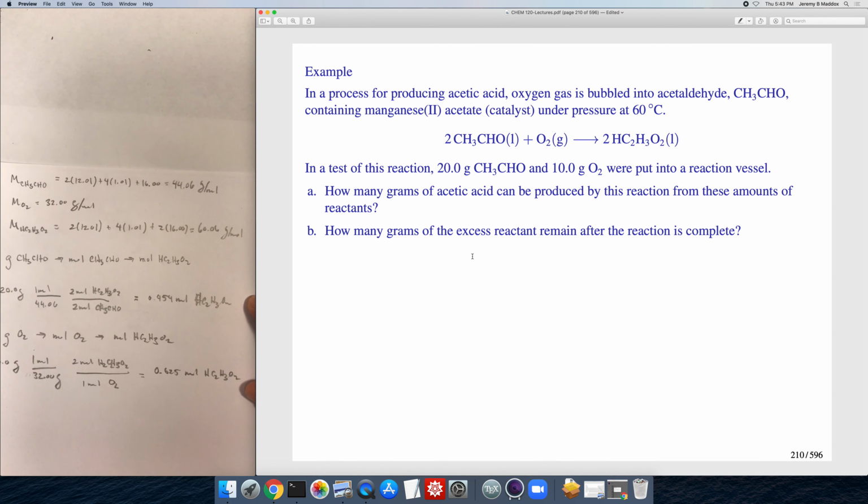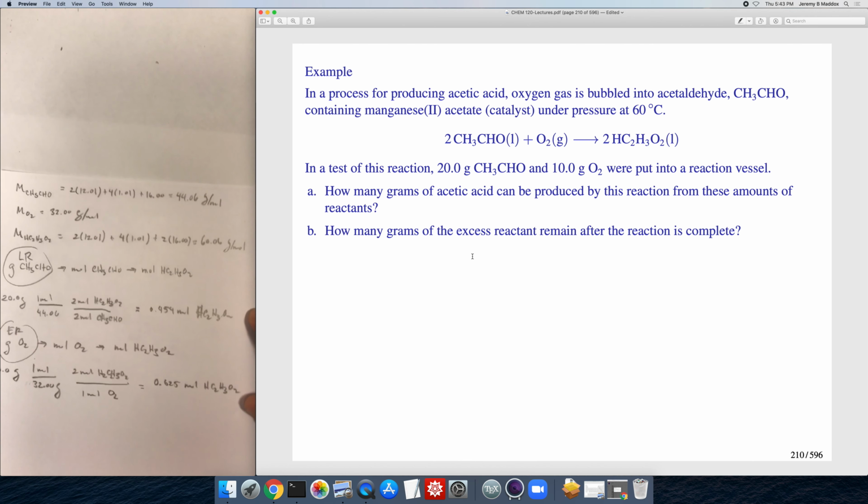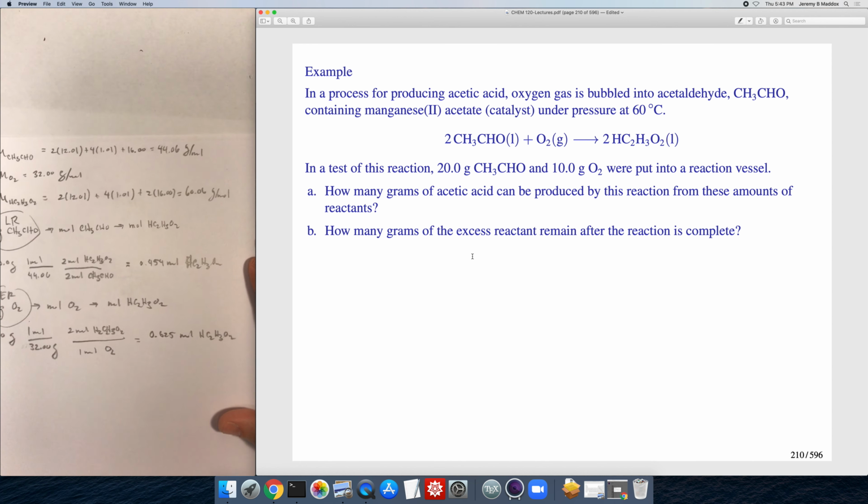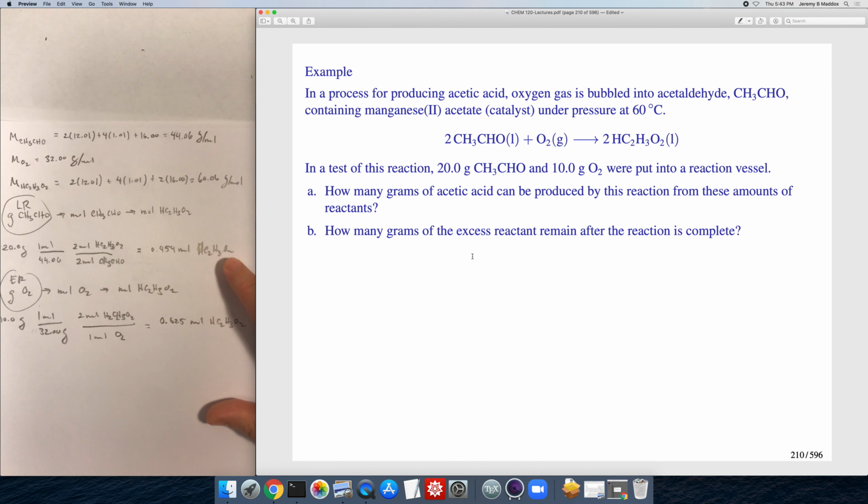Okay, the 0.454 is smaller than the 0.625. That tells us that the acetaldehyde is the limiting reactant over here. And the oxygen is the excess reactant. So our theoretical yield in moles is 0.454.